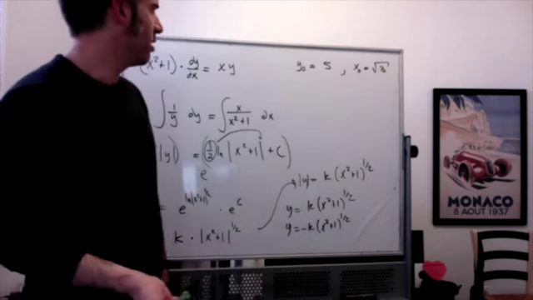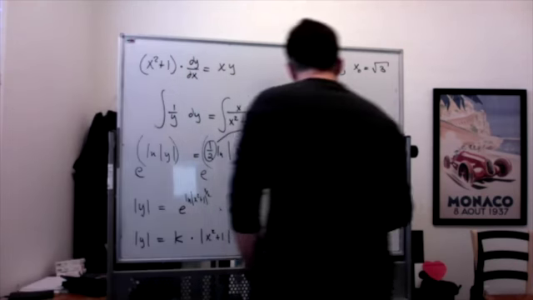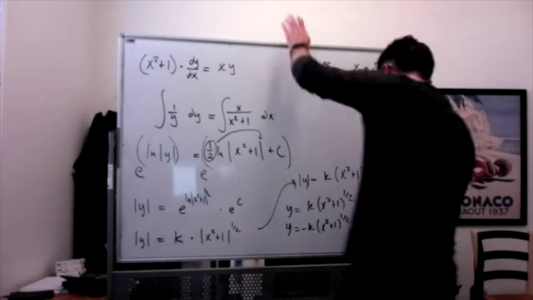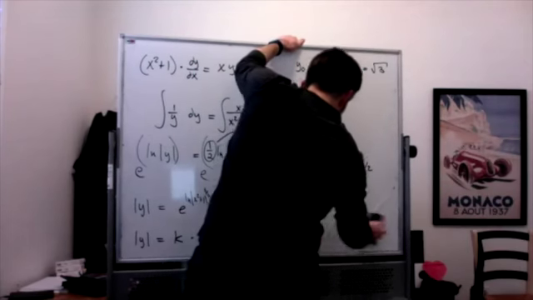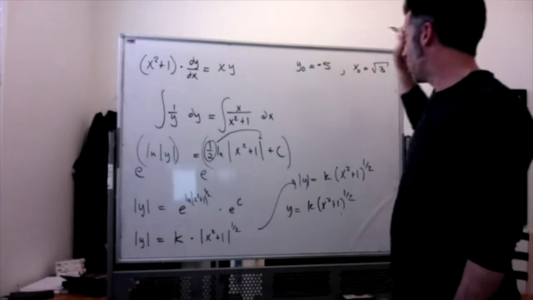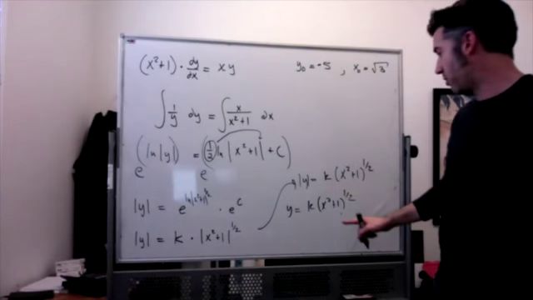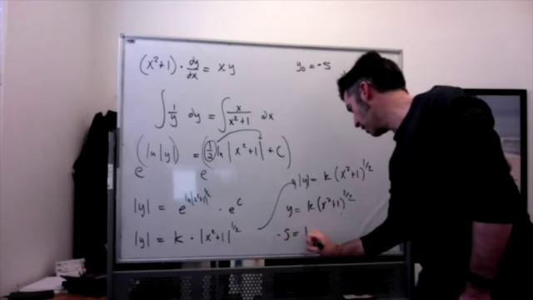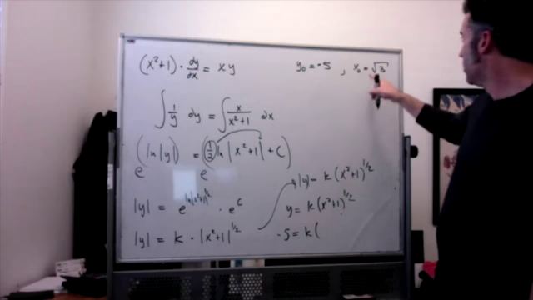So basically I'm going to ignore this one here. Let me pick -5 just to make it a little more interesting. So I'm going to plug in -5 for y, and I'm going to plug in square root of 3 for x.